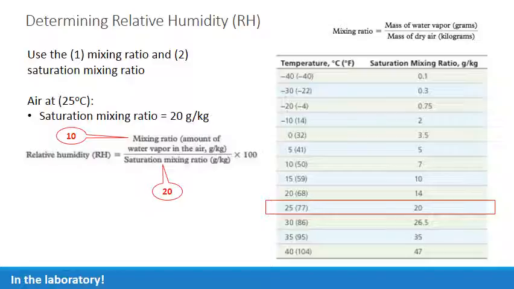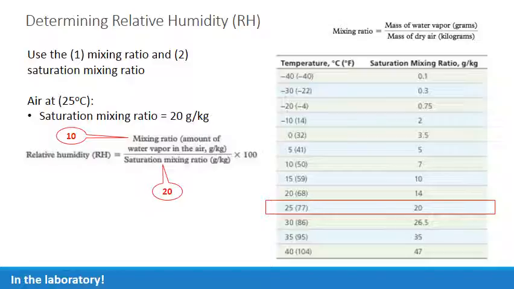If we then took that 25-degree air and added moisture to it, another 10 grams per kilogram, the relative humidity would be 20 over 20. And then we would have 100% saturation. So remember, that's just how much water the atmosphere could hold, 20.